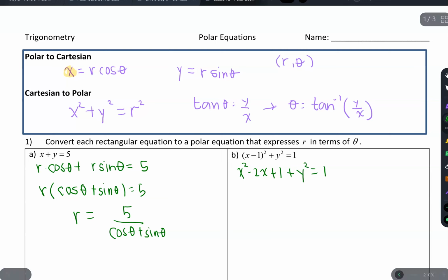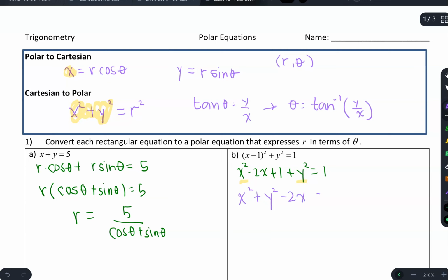Okay. And now do I see something that could help me out with my x squared plus y squared? Do I see maybe an x squared plus a y squared here? So let's see, if I rearrange this, it'll be x squared plus y squared minus 2x.